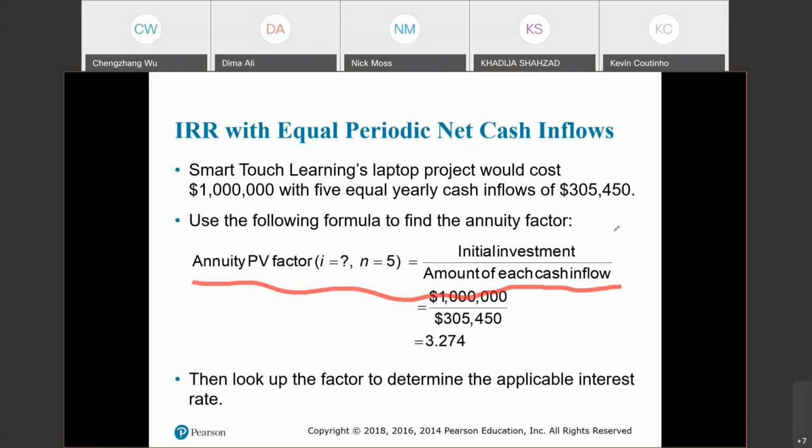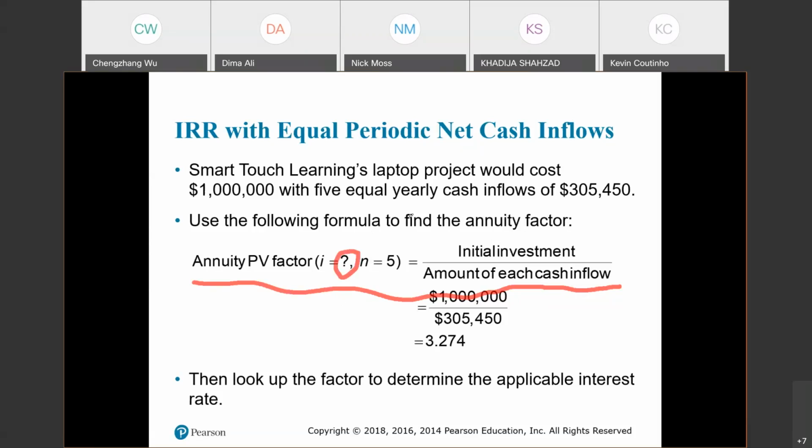So actually, the IRR in this case is the question mark here. We need to know the interest rate that corresponds to this annuity present value factor.